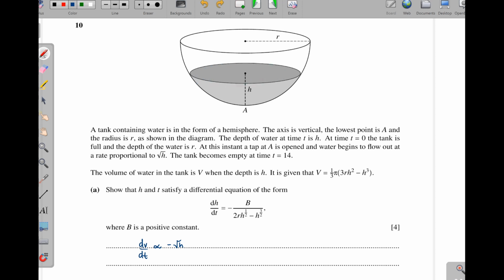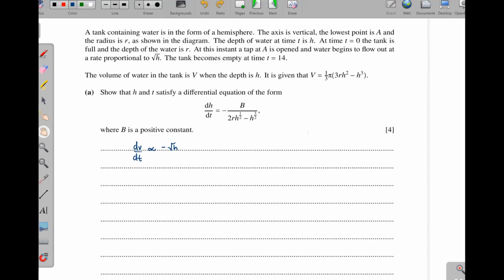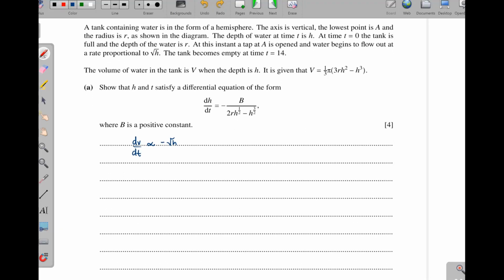So the rate of change of the volume has to be negative. Now we remove the proportionality sign and put a proportionality constant. So our dV/dt shall be equal to negative k root of h.